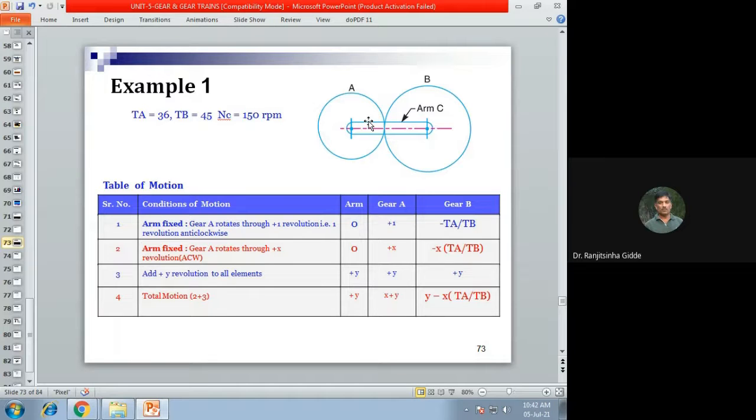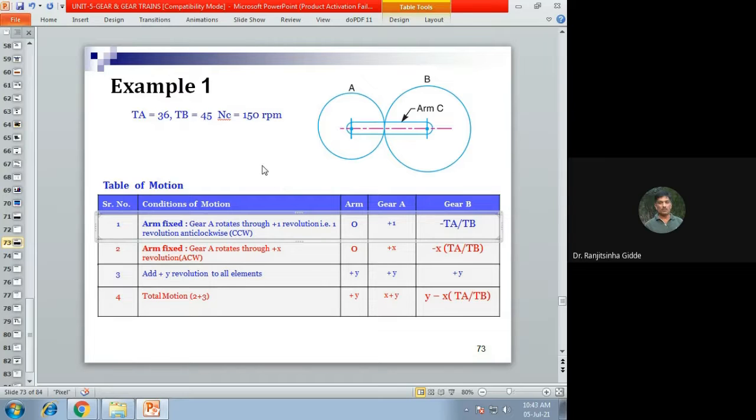So first step, here we are going to write serial number 1: arm fixed, gear A rotates through plus 1 revolution, that is 1 revolution in anti-clockwise direction, or counterclockwise direction, one and the same.